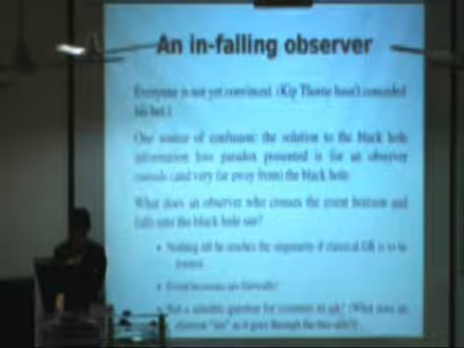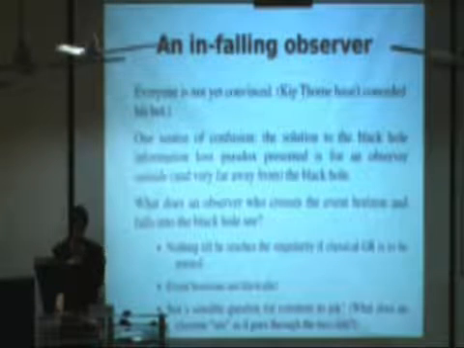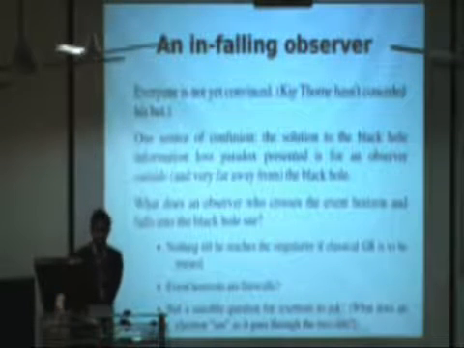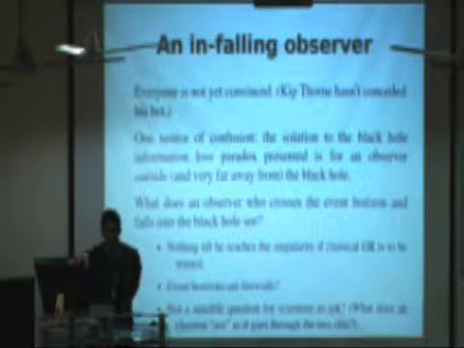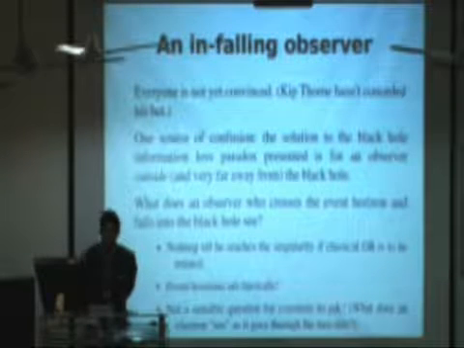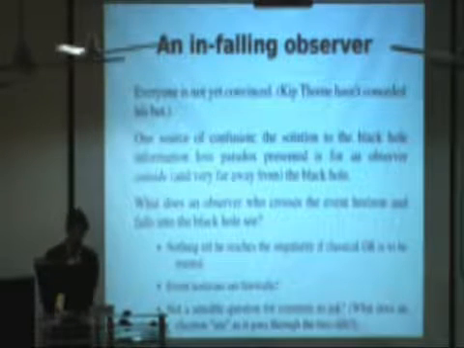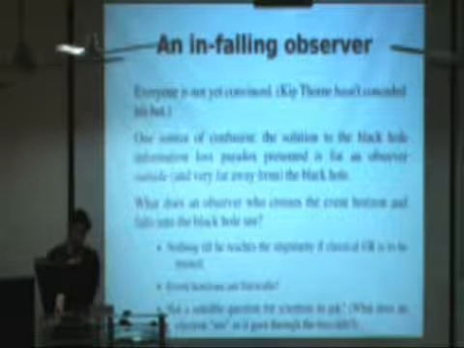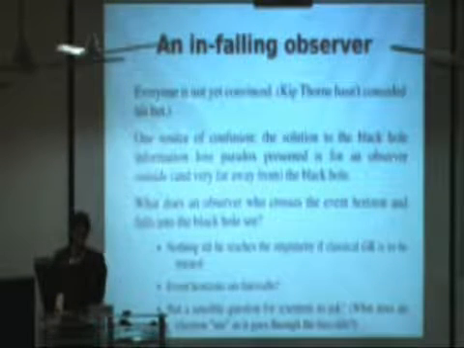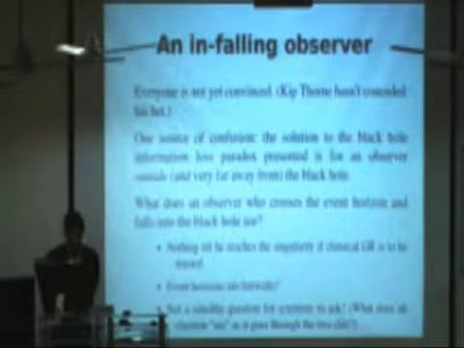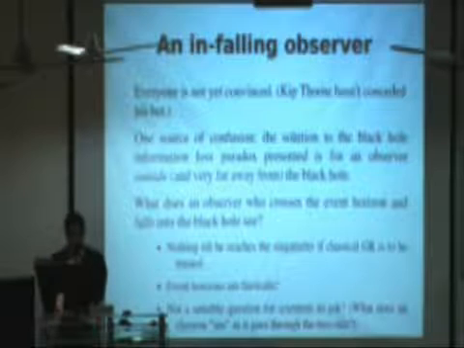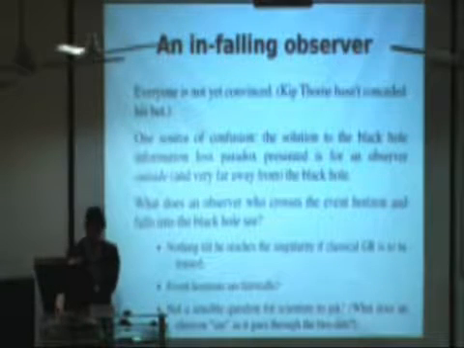So you might ask the question, what does an observer who crosses the event horizon and falls into the black hole see? From classical general relativity, you should see nothing as you cross the event horizon. You only reach problems when you hit the singularity, but it's not obvious what would happen in a quantum theory.